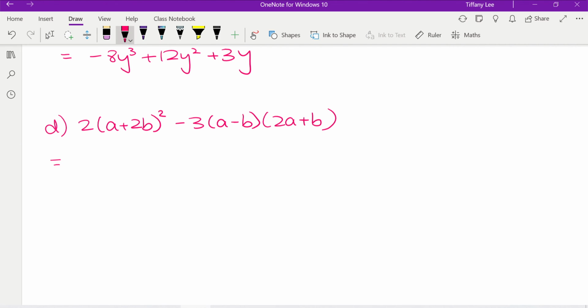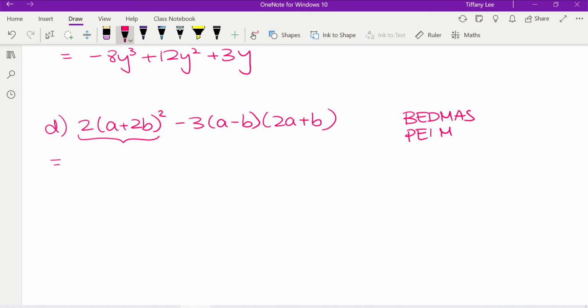Let's take a look at this first part here. So I have 2 times a plus 2b, close brackets, squared. Now be careful. Sometimes people automatically apply the distributive property and start multiplying the 2 in. But just as you've been doing since like grade 9 math, you need to apply BEDMAS, or some of you may know it as PEDMAS.